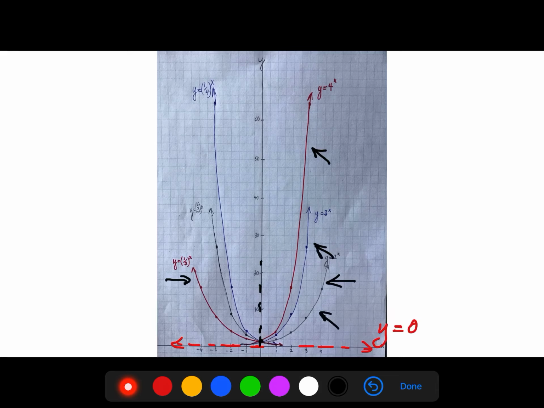So when we look at our y equals 4 to the x, it is much taller than our y equals 3 to the x, which is much taller than our y equals 2 to the x. So as that base value gets bigger, we're multiplying that bigger number by itself x amount of times, it is going to increase or decrease in these graphs at a quicker rate.